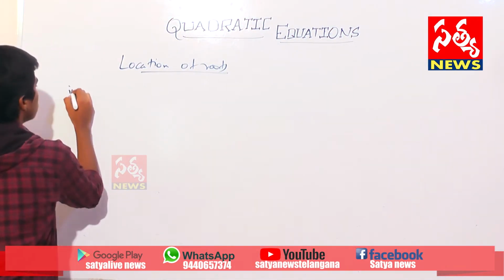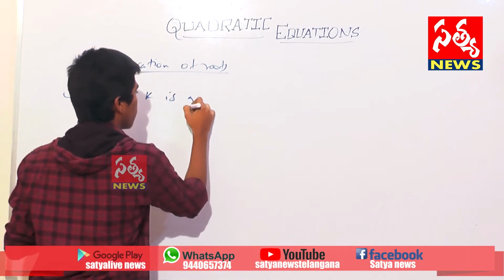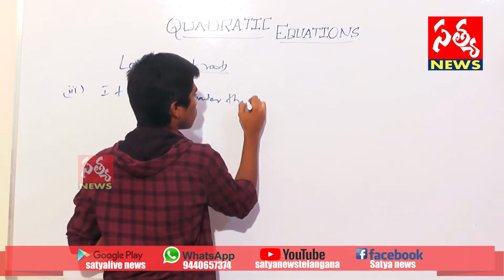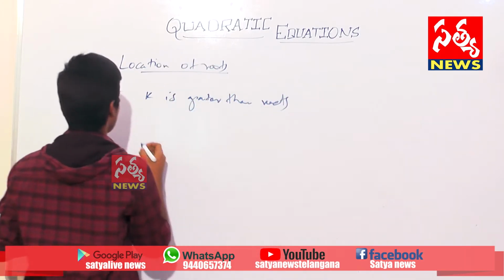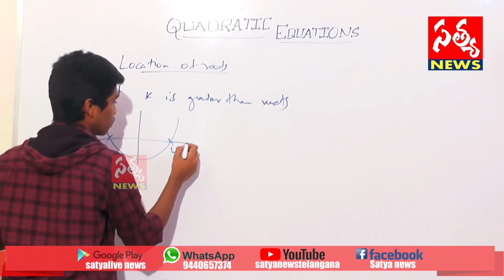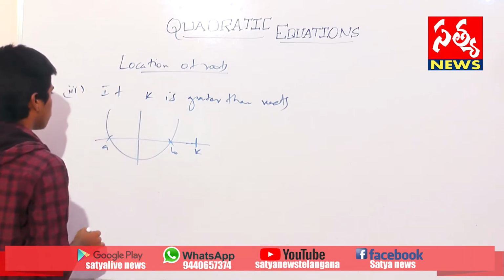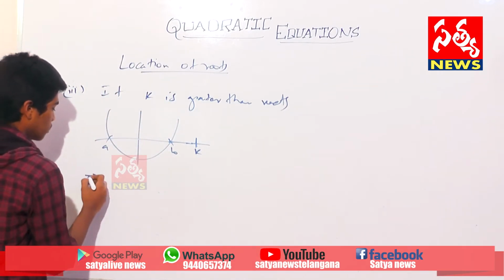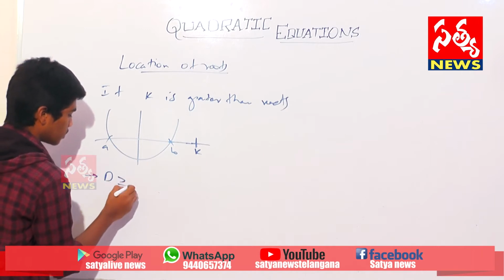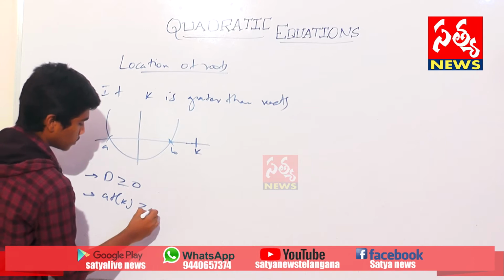The third condition is, if k is greater than the roots, the graph will be like this: a, b, and for suppose k lies here. Now, the 3 conditions we have to check are: discriminant is greater than or equal to 0, a into f of k is greater than 0.